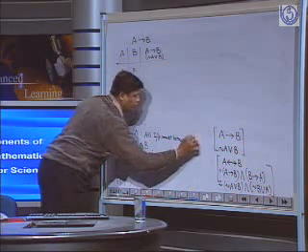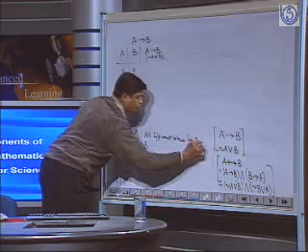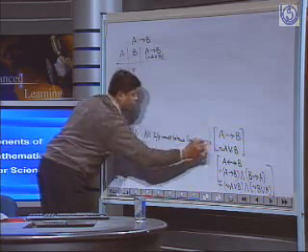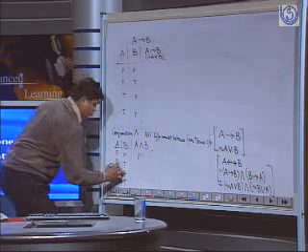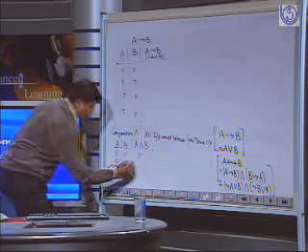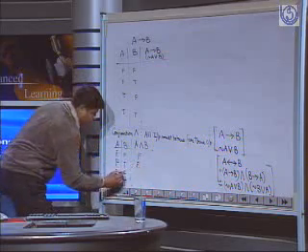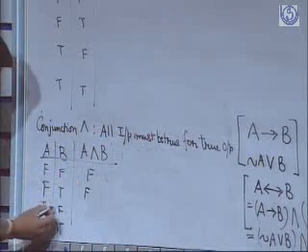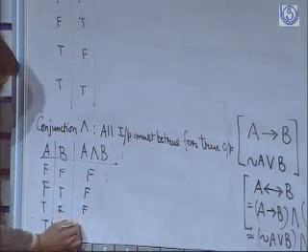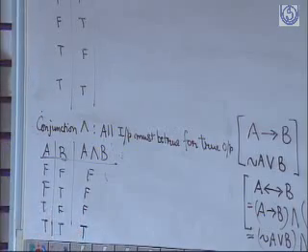Both are false, so false. All inputs must be true, but one is false, so output should be false. For true output, one is true, one is false, so again false, and here we will be having true as output.